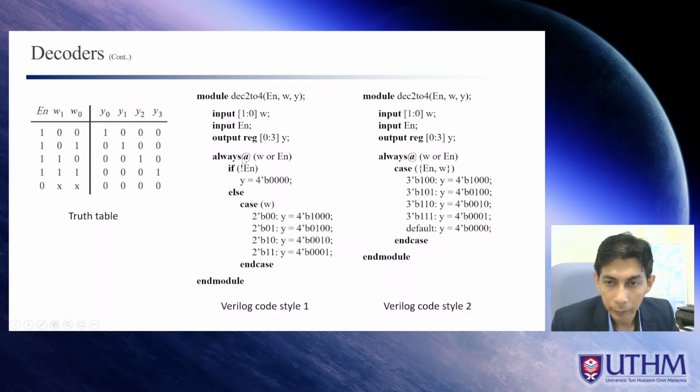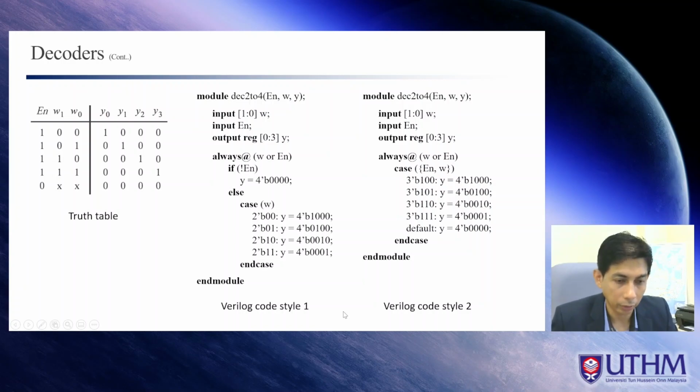Now we describe using behavioral code. Always, this is the sensitivity list. Y is sensitive to these two signals, W and En. If En equal to 0, this is how we write it.